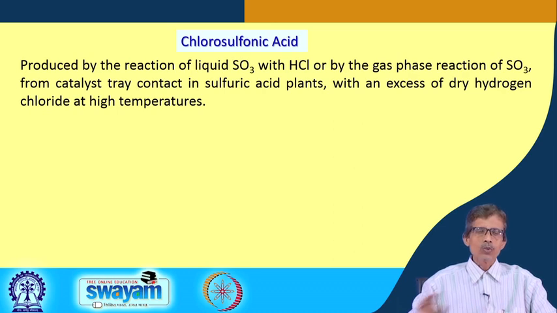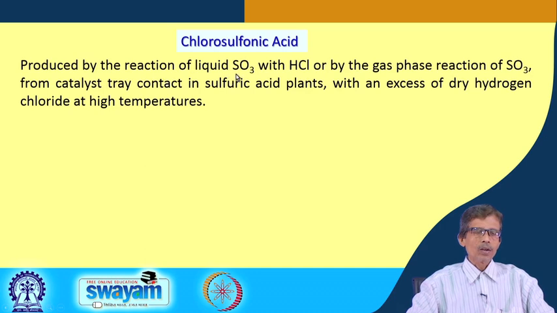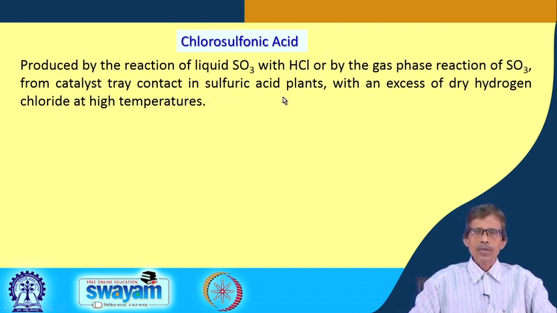Cl is attached to that particular part and is produced by the reaction of liquefied sulfur trioxide with HCl, or the gas phase reaction of SO3 from a catalyst tray contact in sulfuric acid plants, because in sulfuric acid plants we are handling sulfur dioxide for making sulfur trioxide, which is absorbed by water. So, there are catalyst trays, and those catalyst trays contact can be utilized for this particular conversion also.